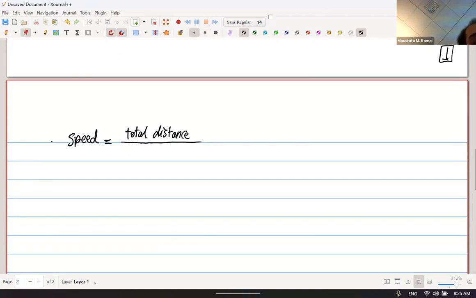This is actually the average speed. Total distance traveled between 2 points. I already used delta x for displacement, so I don't know what to use for total distance traveled. I will just write it down over total time elapsed.